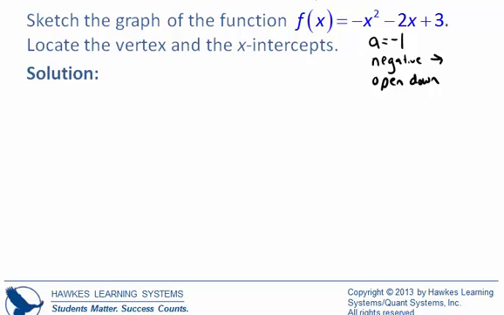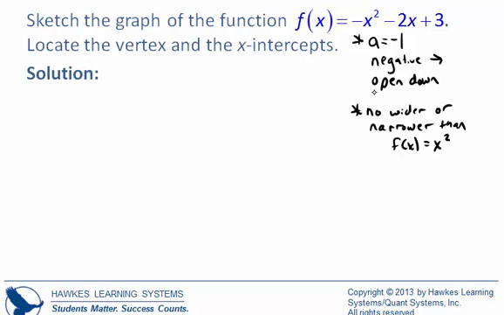So I'm going to make that note as well. So no wider or narrower than your basic graph. Okay, so now that we've noted those two things, let's look at what the problem is asking me to do.